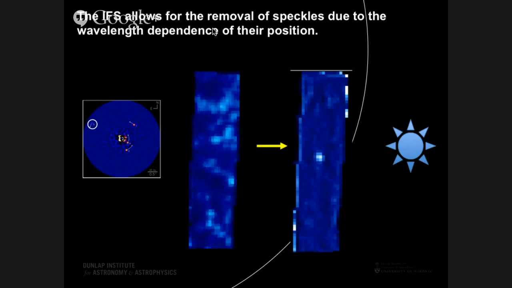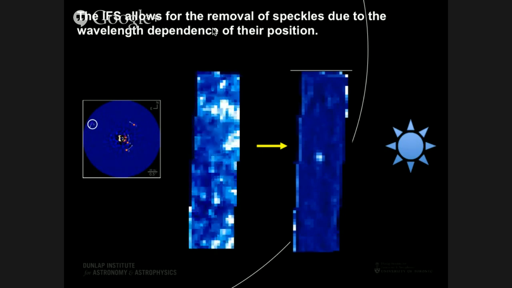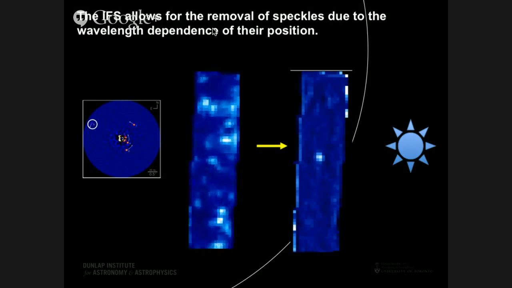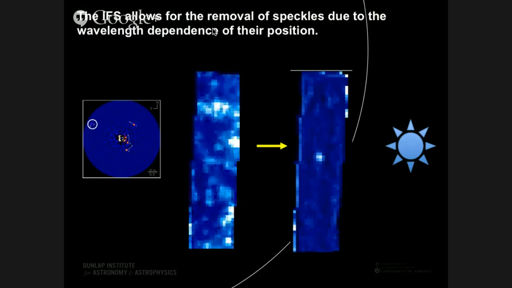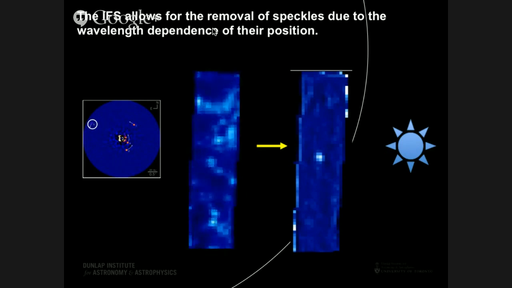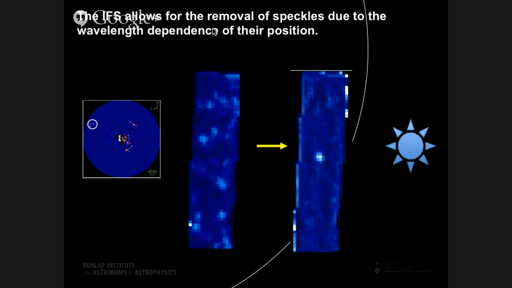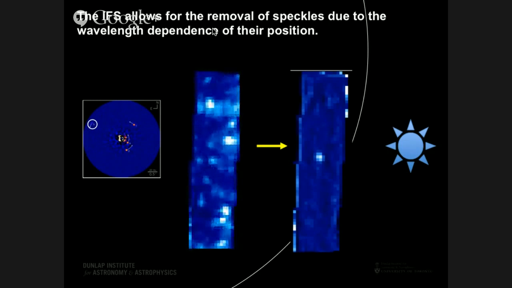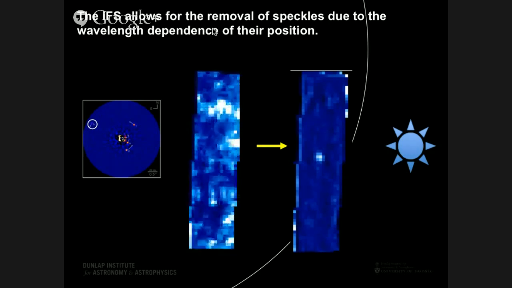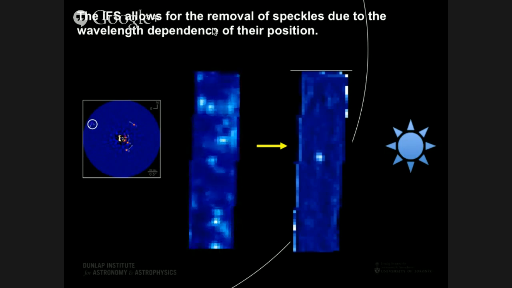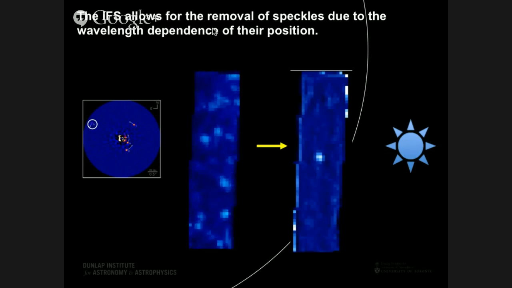And what you'll notice is that there's stuff moving across the field of view, and those are the speckles. So the speckles' position actually is a function of wavelength. So we use that fact, and the fact that the planet's position is not, so if you look closely right here, there's a little dot that isn't moving with wavelength. And that's a planet. So we use that to subtract them out, and I think recover nicely the signal from the planet, separate from the starlight.